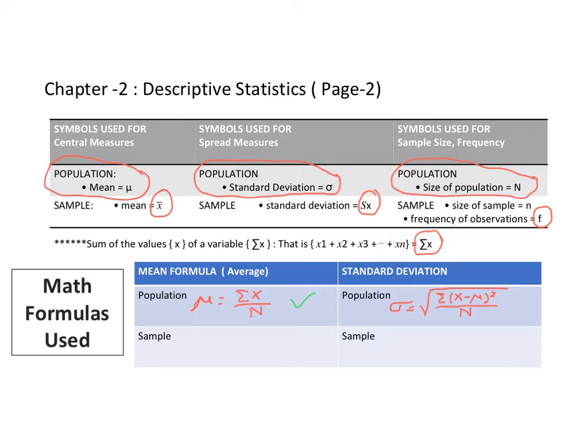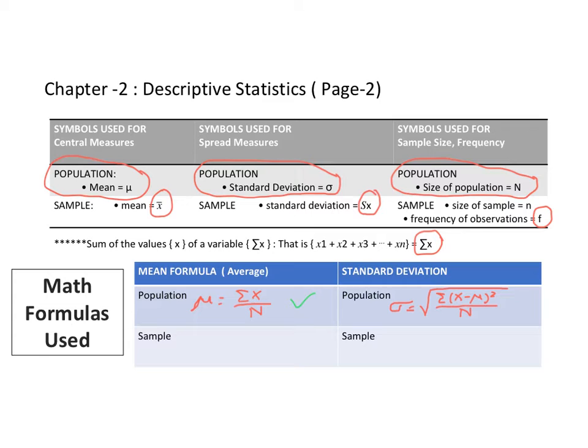And for the standard deviation of the population, we have sigma, which is equal to the square root of the sum of the difference of x minus mu, quantity squared, divided by N. X minus mu is called a deviation, and we just sum up the deviations for each value in the population and square it and divide it by N, and then take the square root. If we didn't take the square root, we would have what was called the variance.